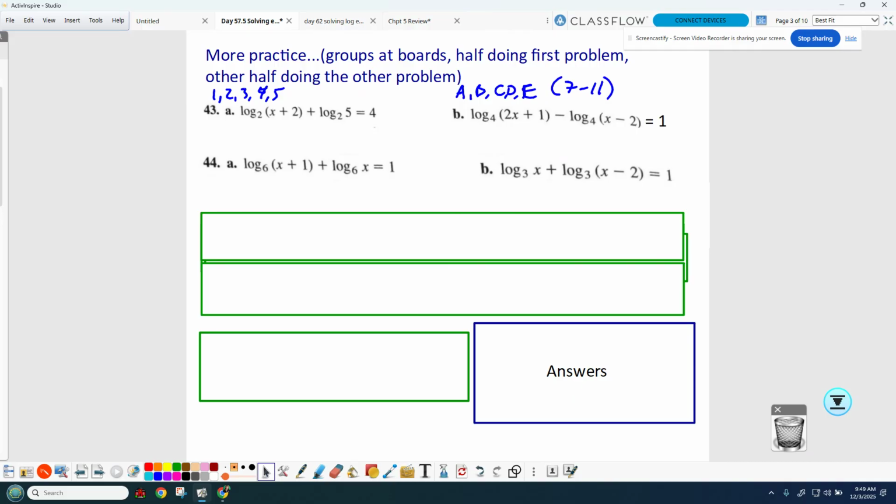Do I need to change the base? Then it'll be x squared plus x minus x. Wait, so guys, these are log 6, these are log 3, so you copied it wrong.